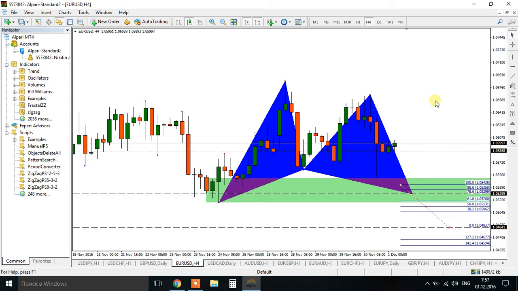Also, we have this Gartley advanced formation setup by itself. If you trade it by itself, without a coincidence of the daily, without looking at daily support and resistance, it is about 60% correct.